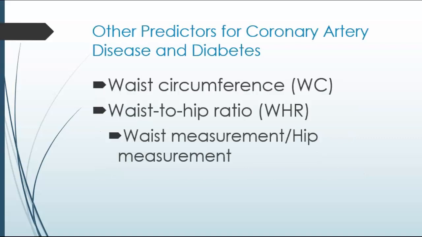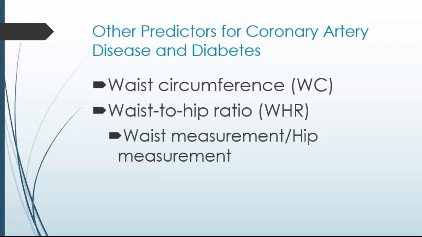BMI is just one tool that we use to predict healthy body weight. Other predictors for coronary artery disease and diabetes include the waist circumference, or WC, and with this, the distribution of the excess body fat rather than the degree of obesity has been used to predict increased health risks.